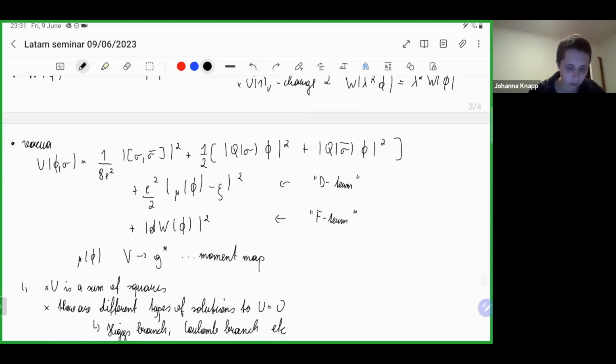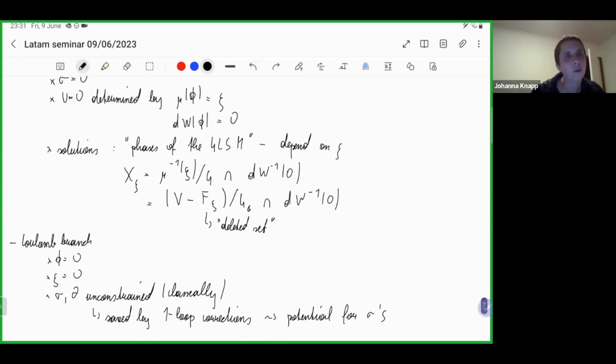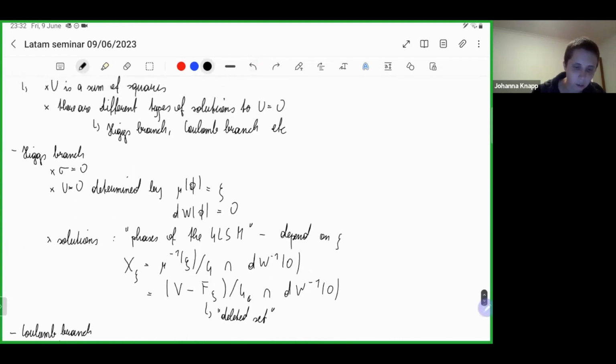And that's where the name Coulomb branch is coming from. All right, so in general, when you have more than one zeta, so higher rank gauge groups, you have a lot more freedom, you have a lot more parameters, you can have mixed Coulomb and Higgs branches, and these are typically very difficult to analyze.